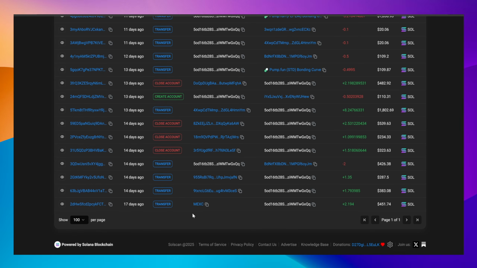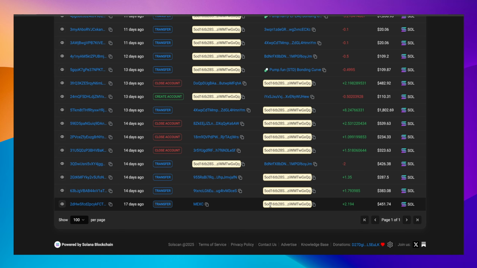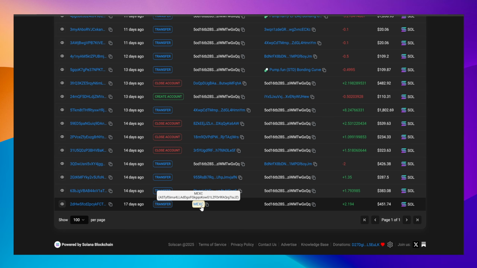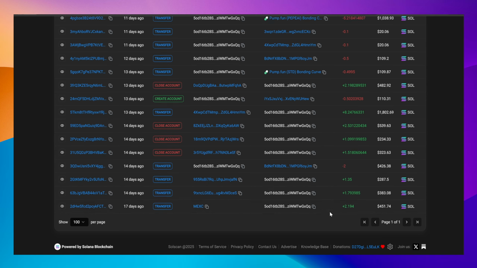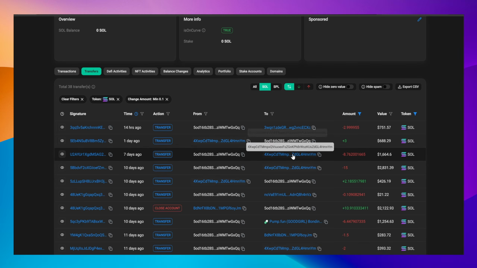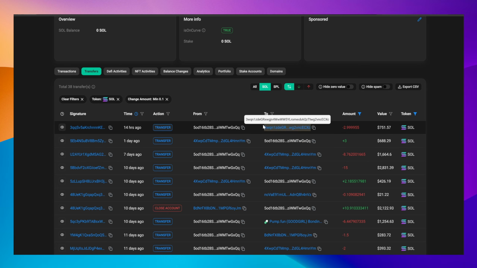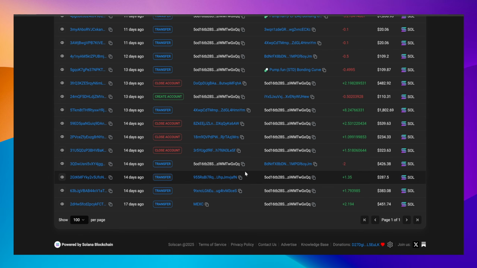As you can see, the first transaction was from MEXC, which is a centralized exchange wallet. This wallet sent 2.2 Solanas to this wallet, and it was finally retrieved to this wallet, 3WQN1.